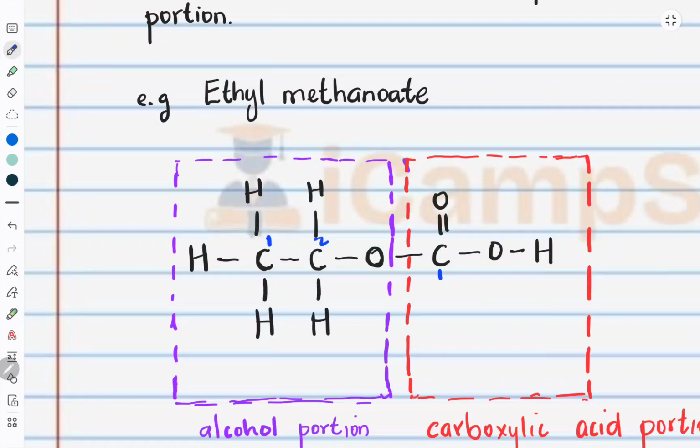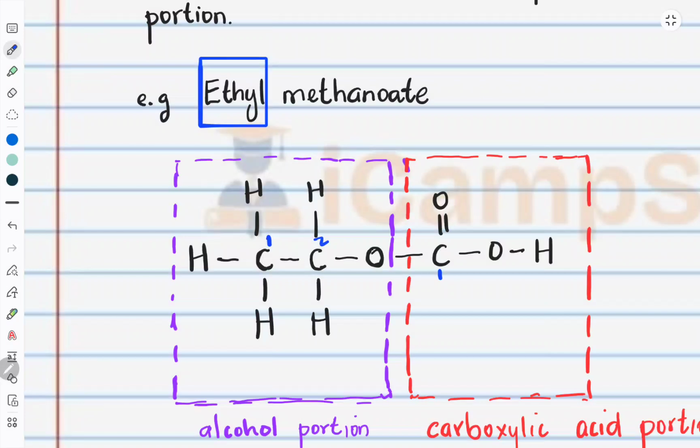Essentially, everything on the alcohol portion, we take as an alkyl group. Initially it was ethanol, but when we check out the alcohol portion from this ester compound, we name it as if we were naming an alkyl group. Remember, with alkyl groups you have ethyl, methyl, propyl, and so on, depending on how many carbon atoms it has.